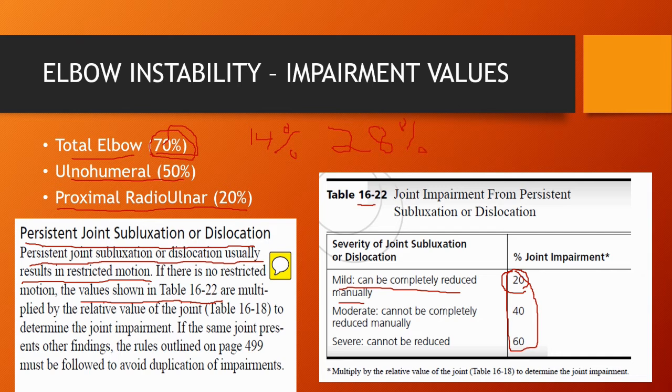And then the severe is an elbow articulation that cannot be reduced and requires emergency medical services. This is 60% times 70% for the total elbow, which is 42% upper extremity impairment. This would then be converted into a whole person impairment rating. So that's how persistent joint subluxation or dislocation is handled.